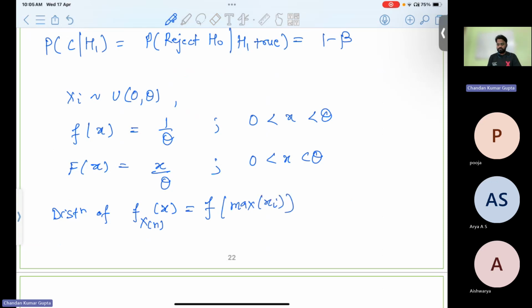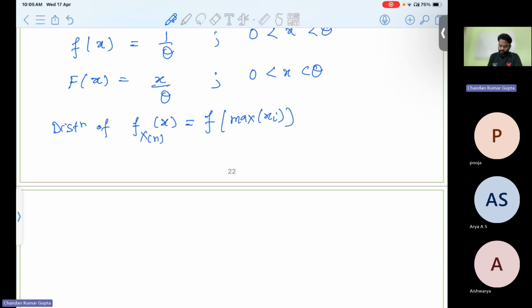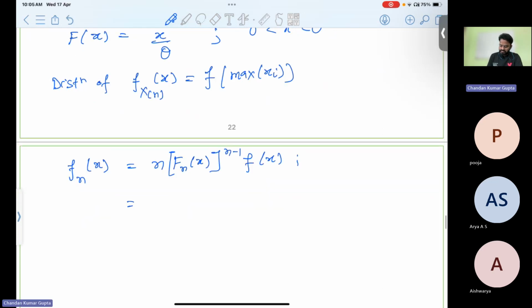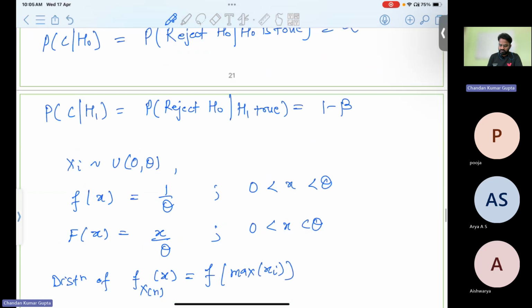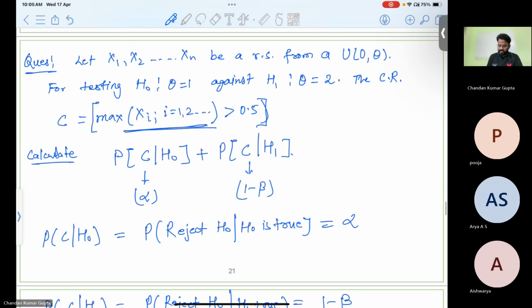We need to calculate the distribution of this, and we know the formula for this is n times F(x) to the power n minus 1 times f(x). Here it is n because we are not given the value of n, i from 1 to n.